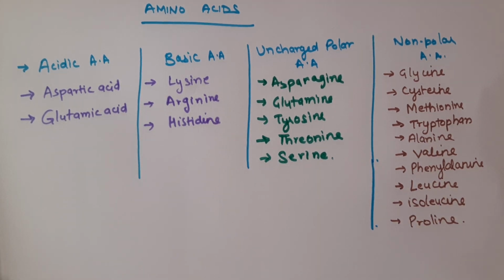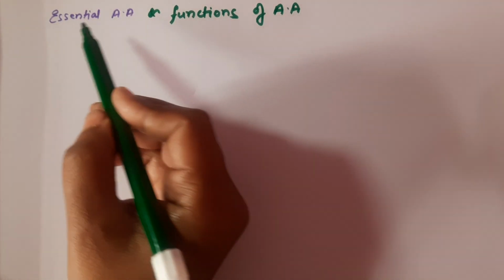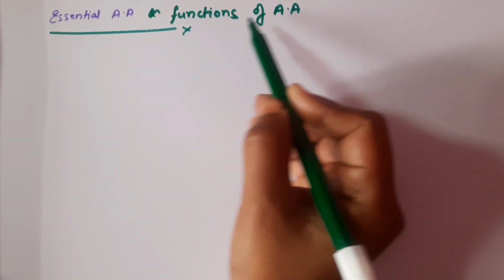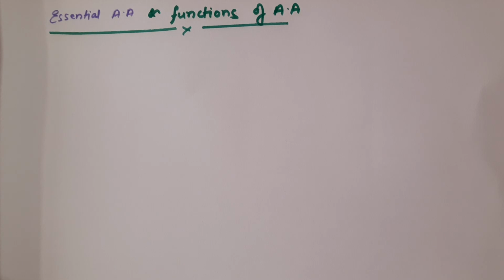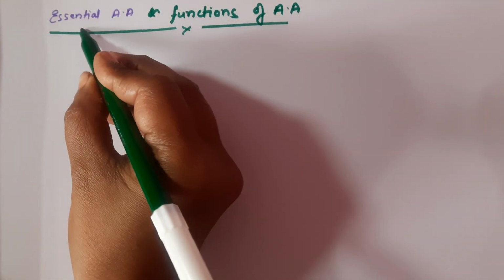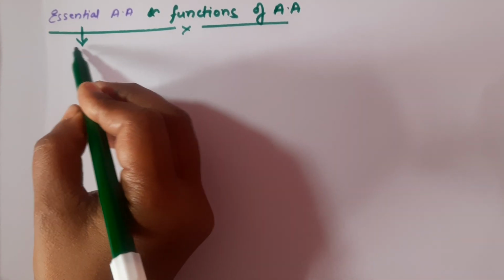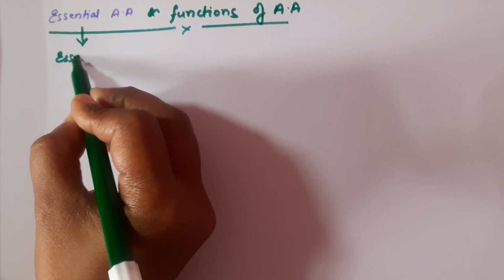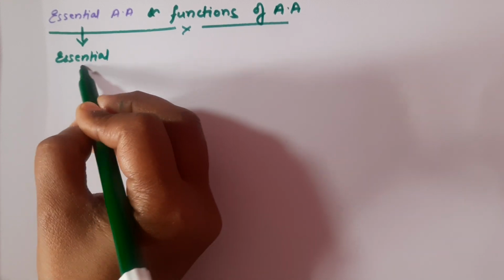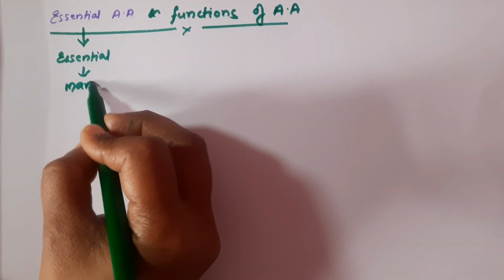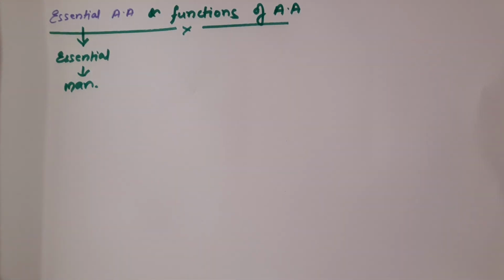Okay, so now we are going to learn about the essential amino acids and the function of the amino acids. There are some amino acids that are found in living organisms, but these are essential for man. The name itself indicates that these are essential for us. Why?